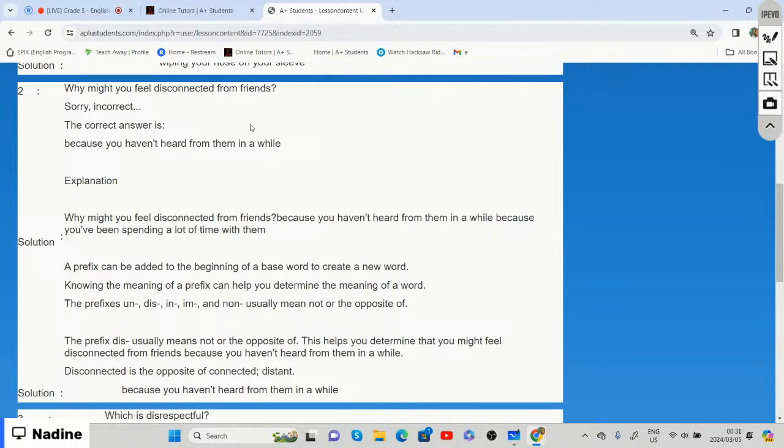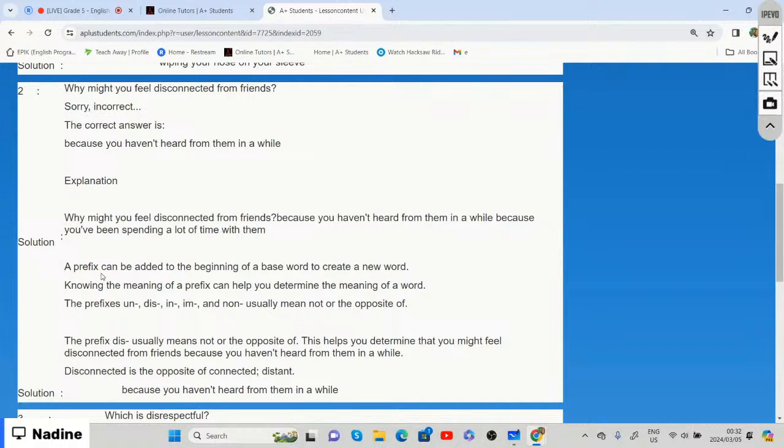Then we even have words like, it says, why might you feel disconnected from friends? Disconnected. So the word dis, right? If we look at the word dis, then it's disconnect, disimportant, right?